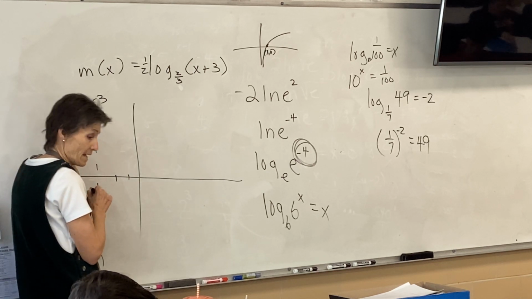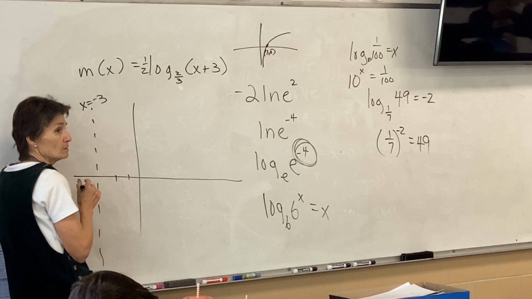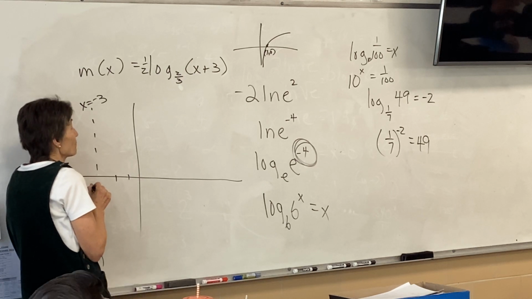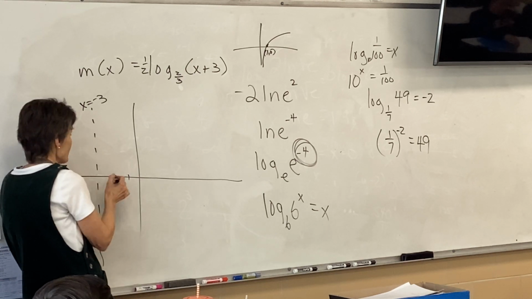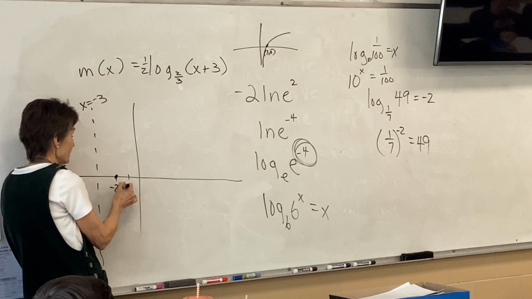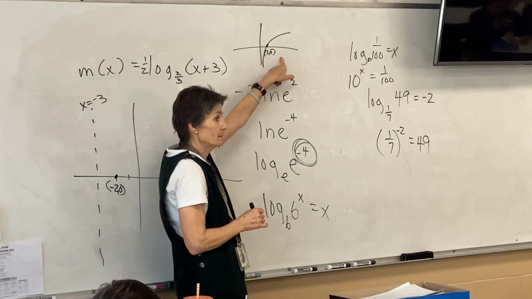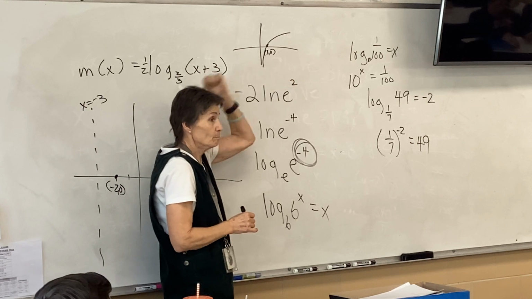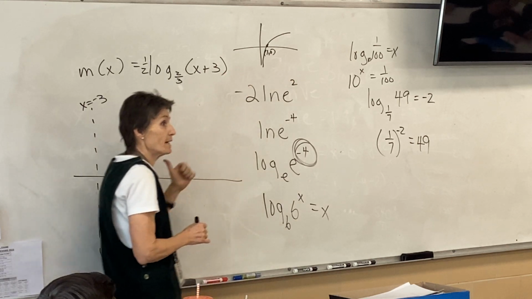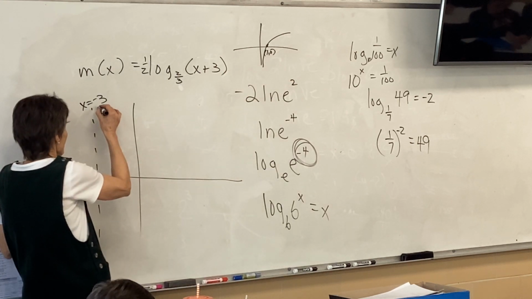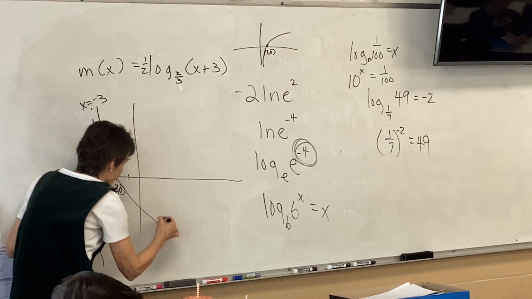So where is my x-intercept now? My x-intercept is now at -2, isn't it? Where was it originally? At 1? Move 3 this way, puts it at -2. So here's what my picture looks like.